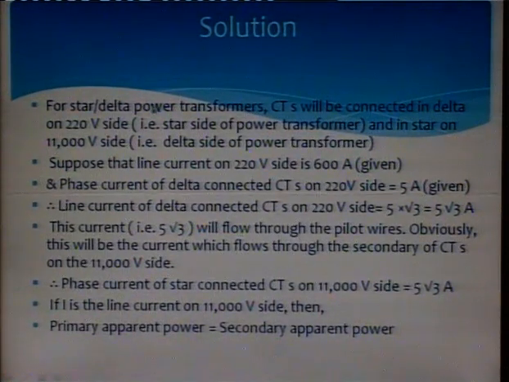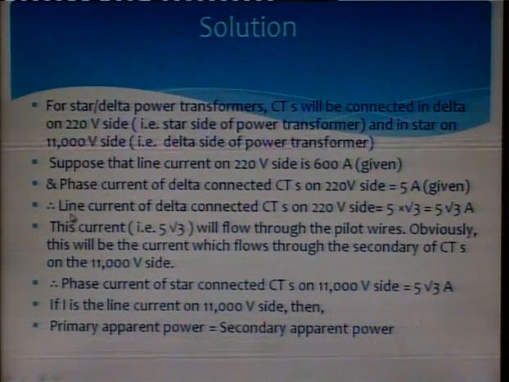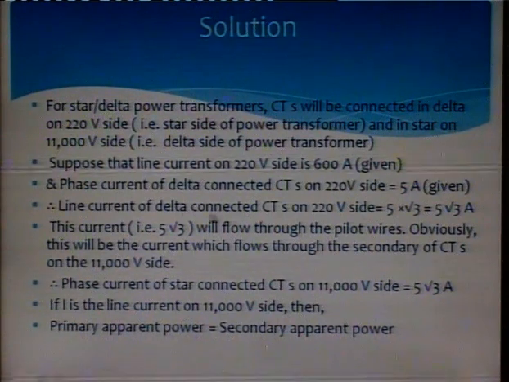For the star-delta power transformer, CTs will be connected in delta on the 220 kV side and in star on the 11 kV side. Now suppose the line current on the 220 kV side is 600 ampere and the secondary current of the CT on the 220 kV side is 5 ampere. These two values are given. In reference to the above, for the phase current we can calculate the line current for the delta connected CT.